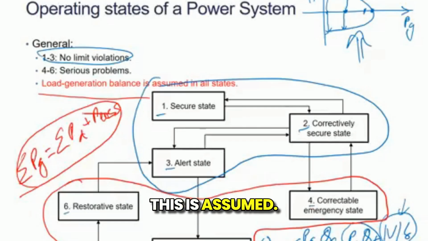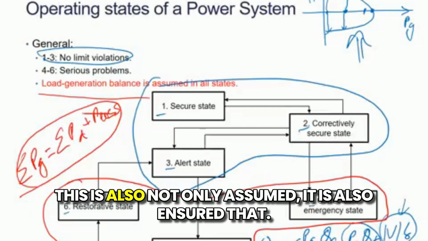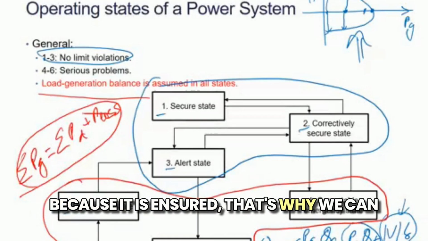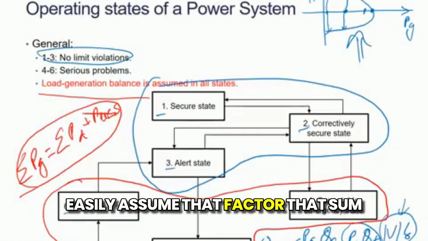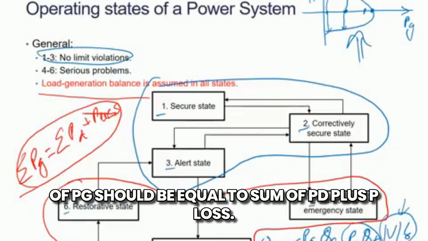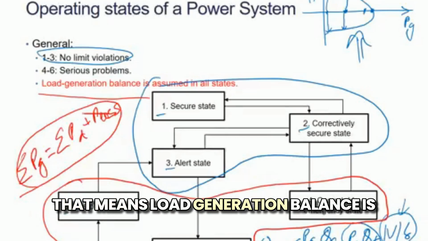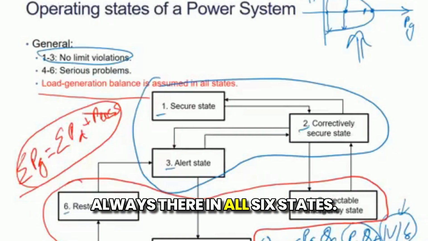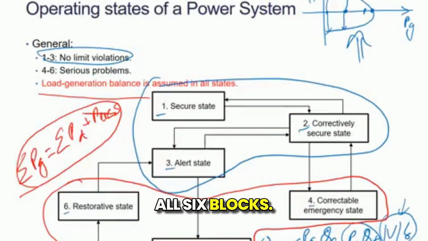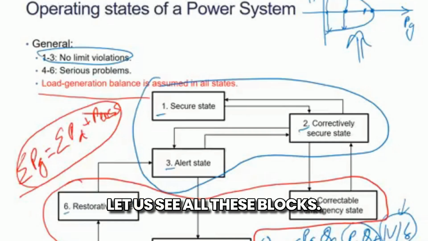This is not only assumed, it is also ensured, that's why we can easily assume that the sum of PG is equal to the sum of PD plus P loss. That means load generation balance is always there in all 6 blocks that you see here. Now with this, let us see all these blocks one by one.